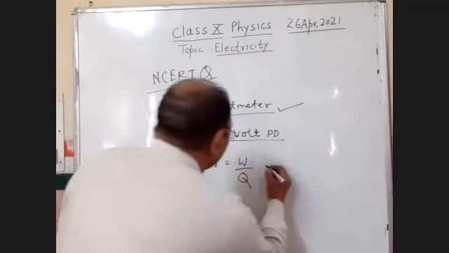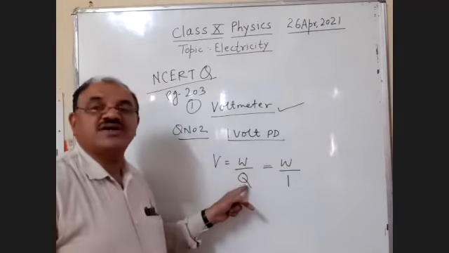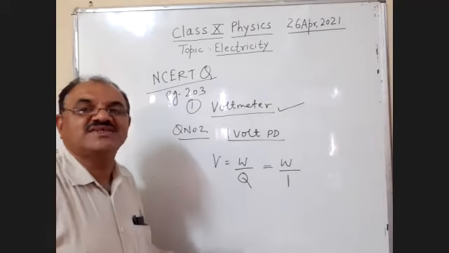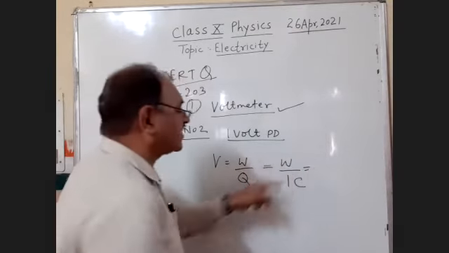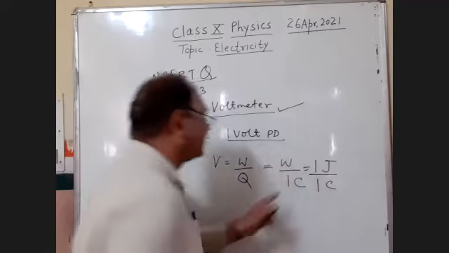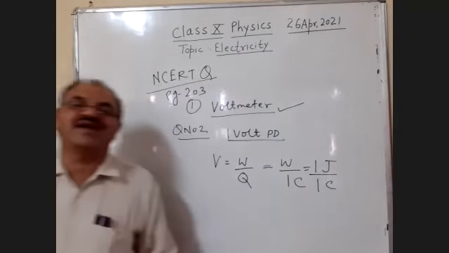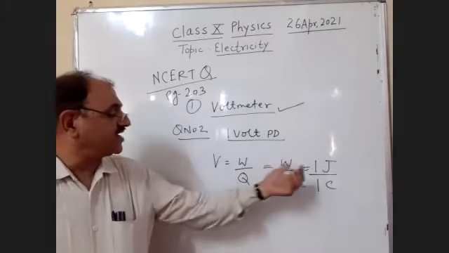Now, students, for unit positive charge, I can write the value of Q, the charge, as 1 coulomb. Here the work done is 1 joule, because joule is the SI unit of work done or energy.